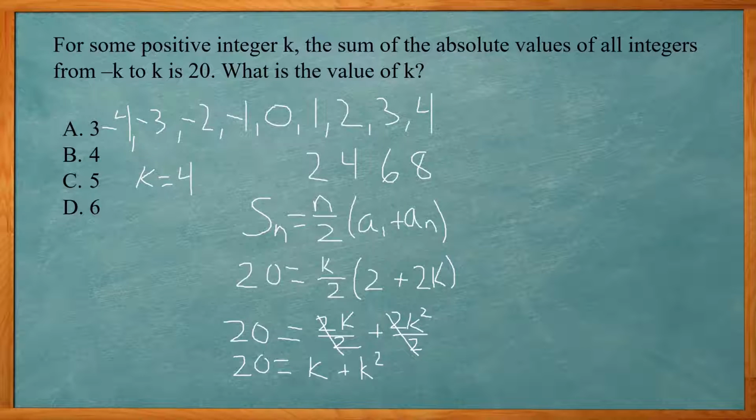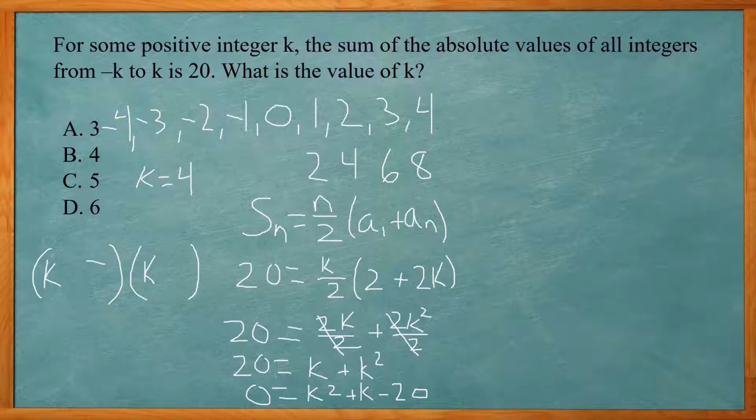If I subtract 20 from both sides, I'll have 0 equals k squared plus k minus 20. That looks like a quadratic, so I can factor that. I'll have two sets of parentheses, with k and k. I need two numbers that multiply to give me negative 20 and add up to positive 1. That's going to be 5 and 4. The 5 needs to be positive and the 4 negative.